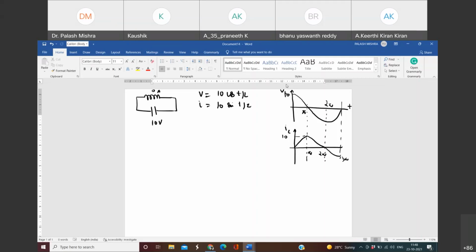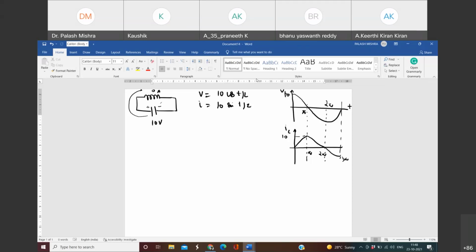So can you think what is happening in the circuit? Can someone explain? Initially, this capacitor was charged to 10 volts. What happened? This started giving the power to this inductor.